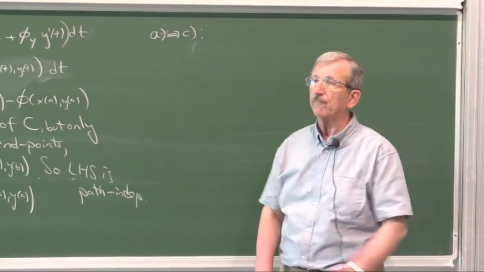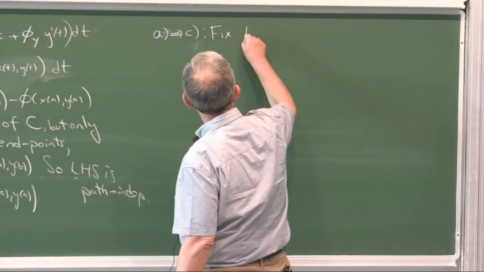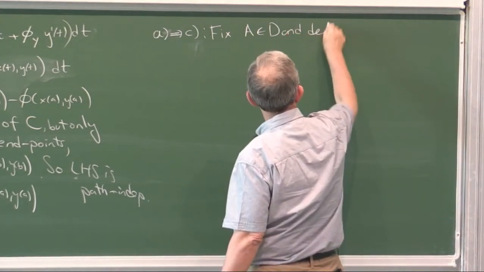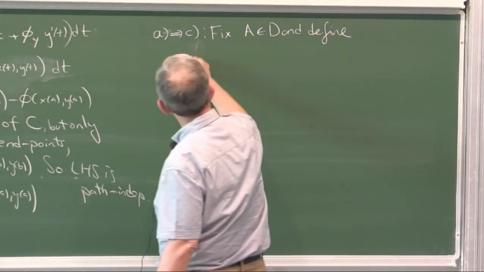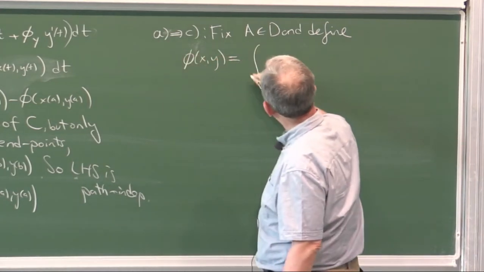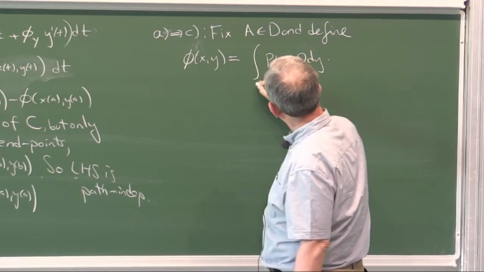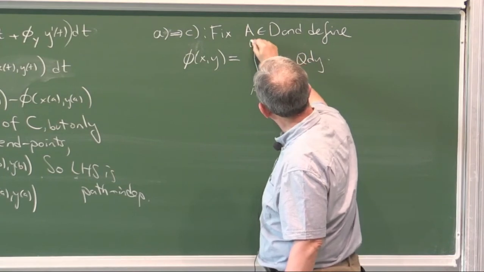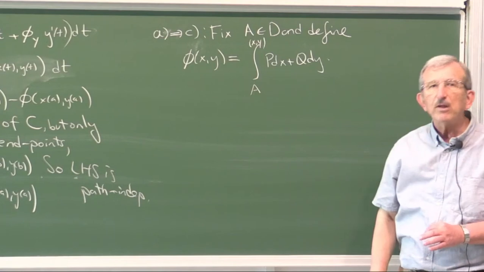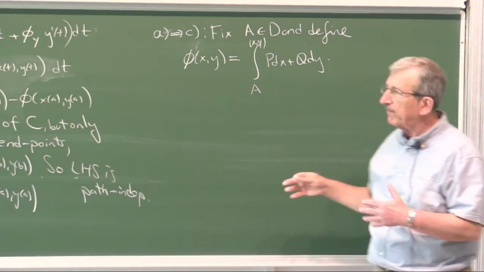Well, we will do it as follows. Fix some A in D, and define the potential function at (x, y) as the integral of P dx plus Q dy from A up to the point (x, y). Now, this is a line integral, but we didn't put a curve there because we have path independence.